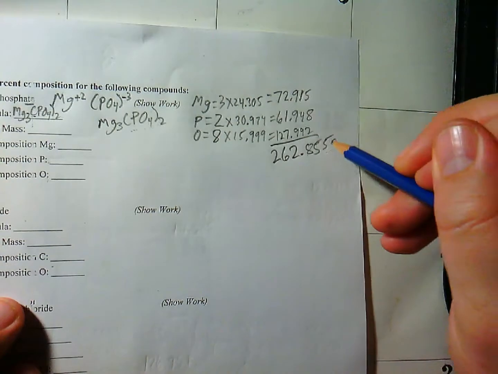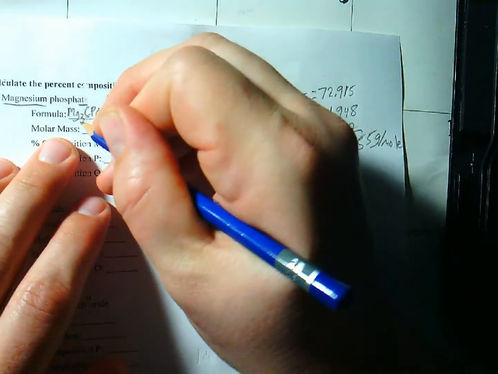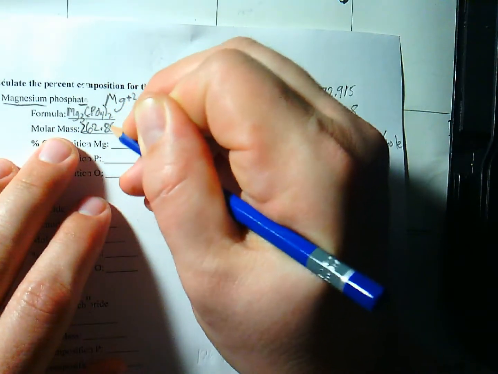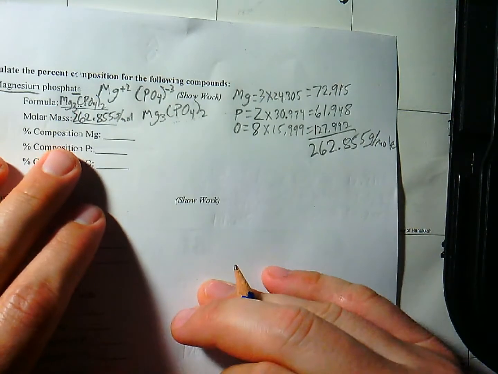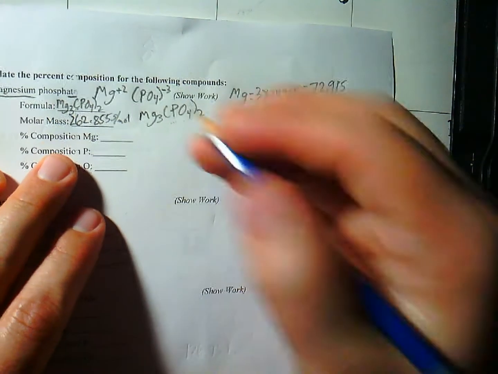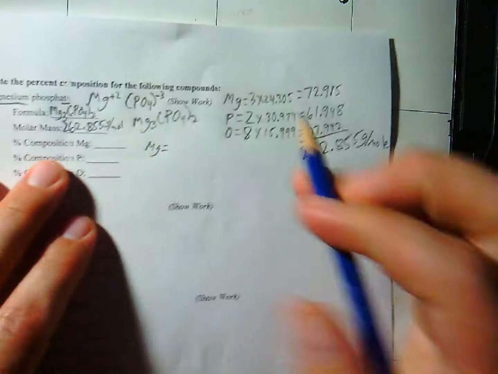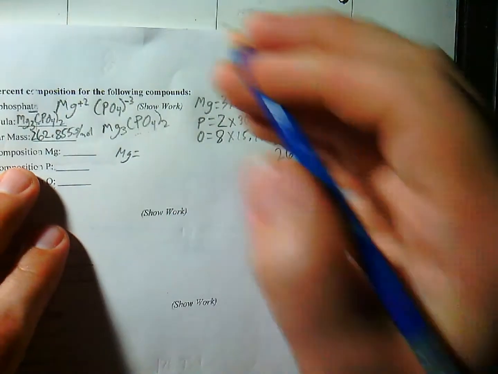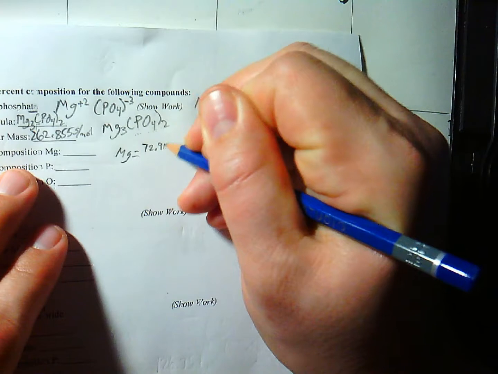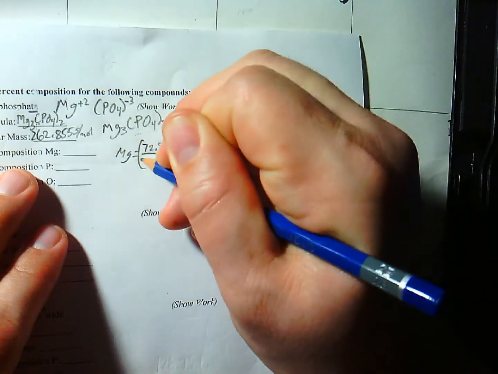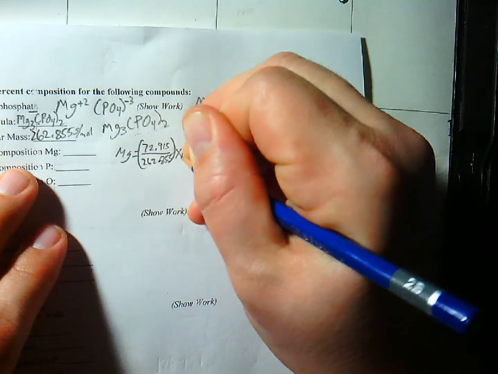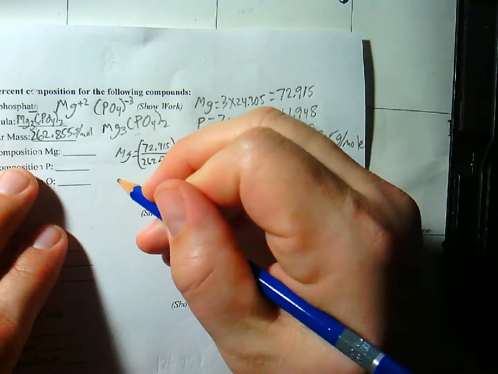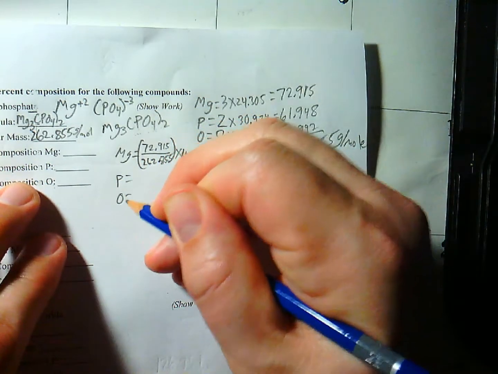Remember, that's always grams per mole. You get used to writing that, it'll make your life a lot easier. 262.855 grams per mole. Now, percent composition. So remember, it's just going to be the part over the whole. So for magnesium, it's just the part over the whole times 100. Phosphorus, same thing, and oxygen, same thing.